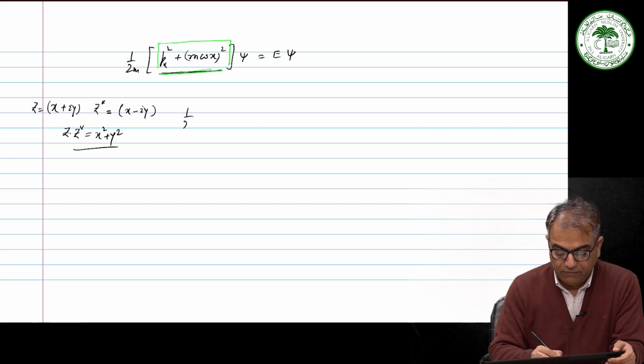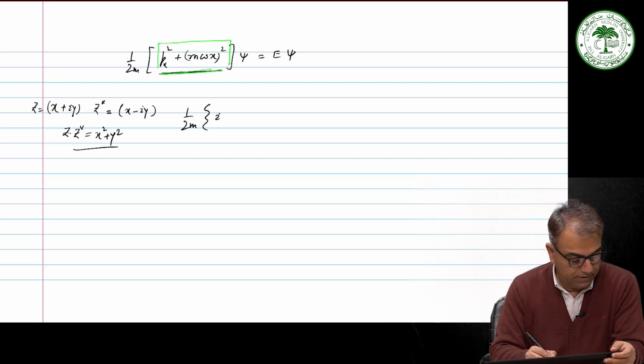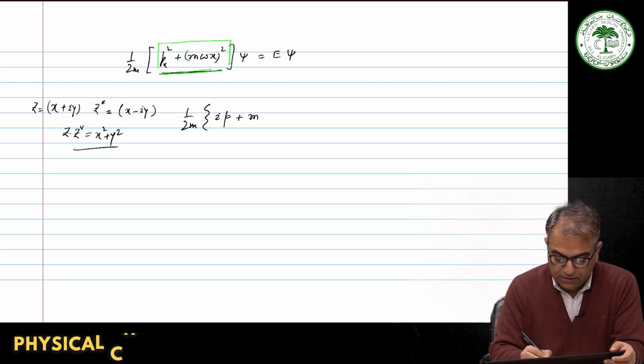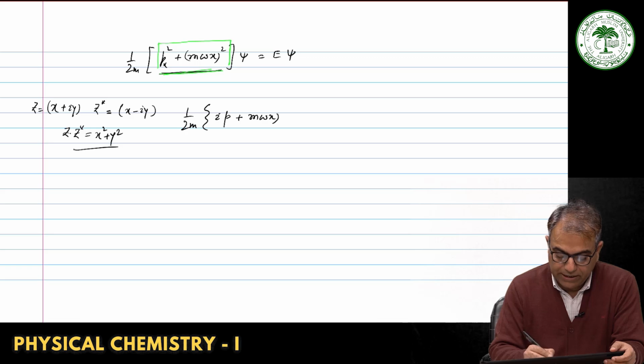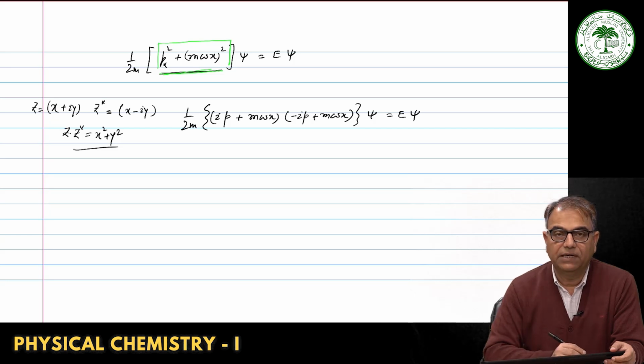If we write 1 by 2m and we factorize this term, instead of Px now I will be writing P only, (Ip plus m omega x) into (minus Ip plus m omega x) into psi is equal to E psi, we can write.